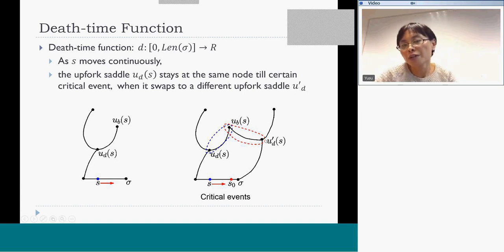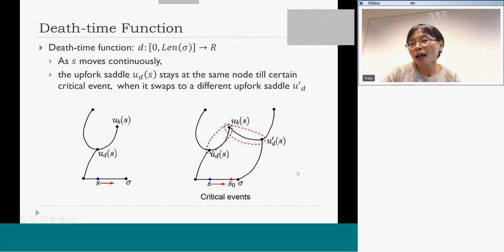The saddle point which generates the persistence point, the death point in the persistence diagram that we're tracking, can swap to a different one. But this only happens at a critical moment, when intuitively these two saddle points have equal distance to the base point.